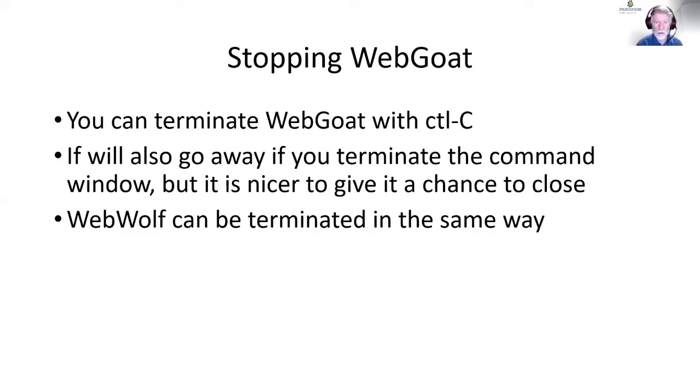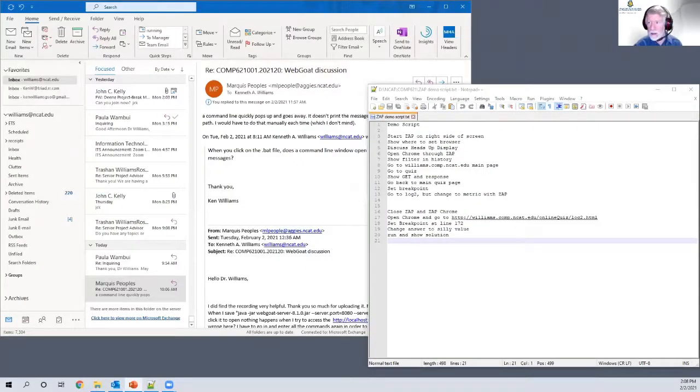It may ask you, do you want to terminate the bat file? You can say yes, and then it goes away. Of course, you can always just kill it by clicking the little red X in the upper right-hand corner, or the little red circle if you're on a Mac, and that will make it go away. It's a little nicer to terminate it so it goes away calmly. All right, well, enough of that.